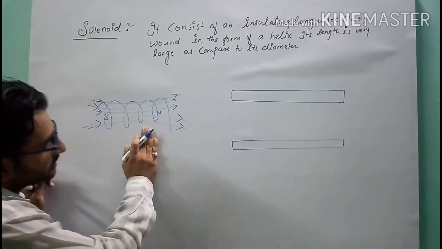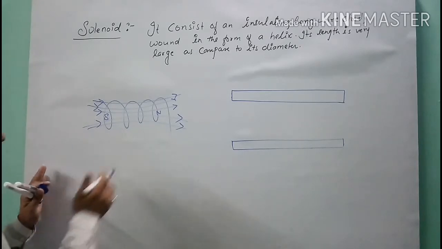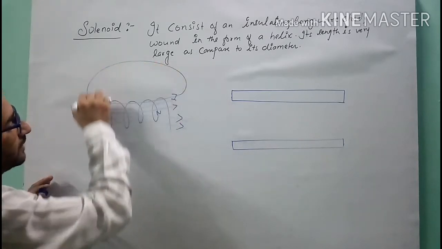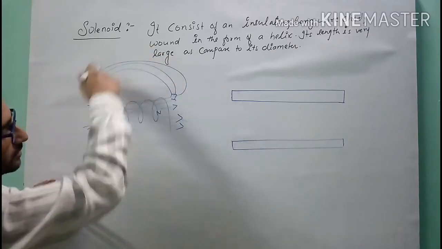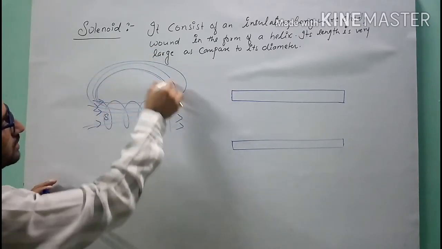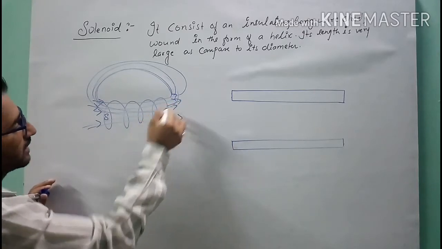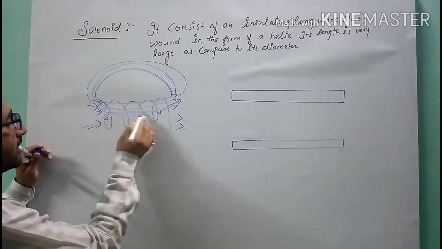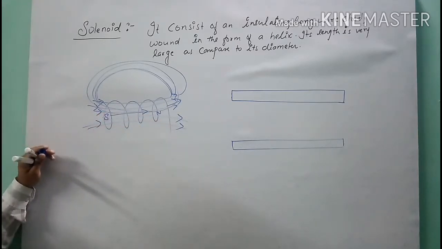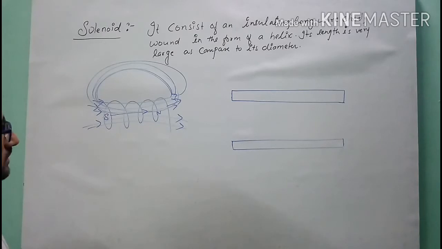If you want to show the direction of magnetic field lines, we know that magnetic field lines are closed continuous curves. Outside the magnet they emerge from the north pole to the south pole, and inside the magnet they go from south to north. Clear?